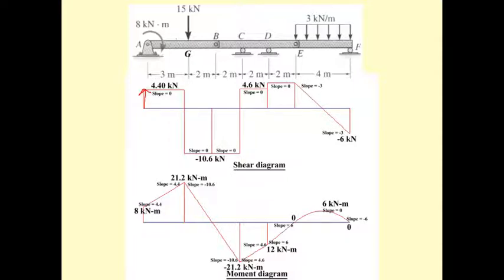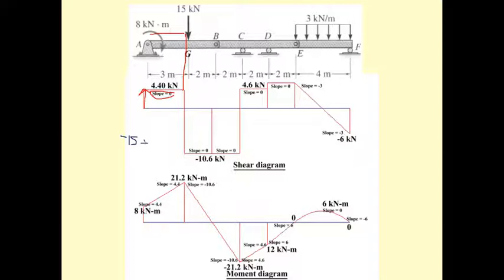Between A and G, there is no distributed load, so the slope is 0. So all of this is 4.4 until the left of point G. At point G, the 15 kilonewton points downward, so that is going to be minus 15.